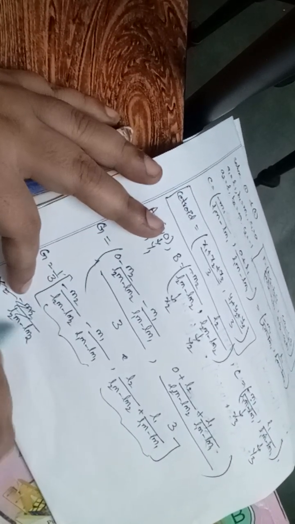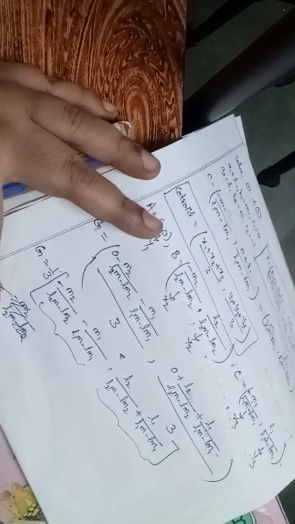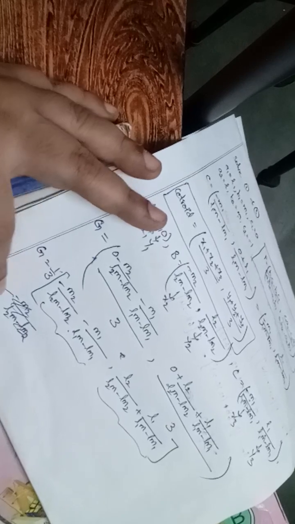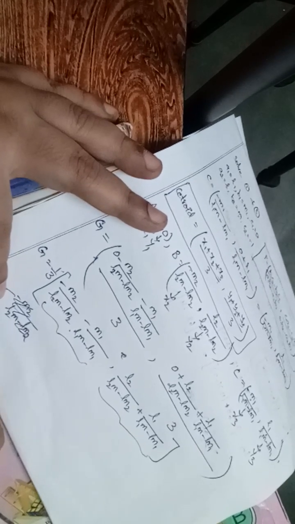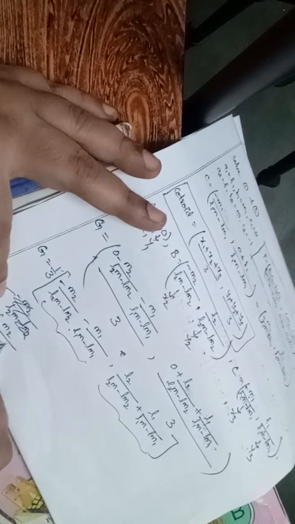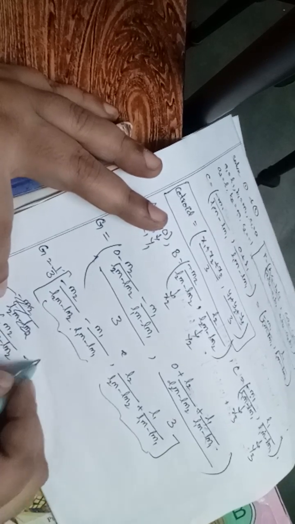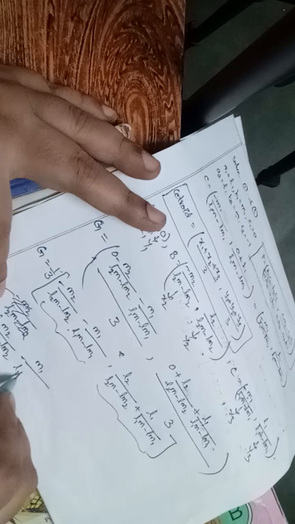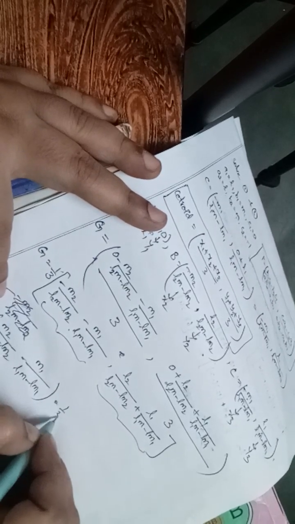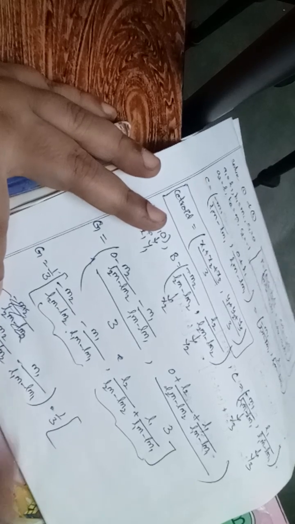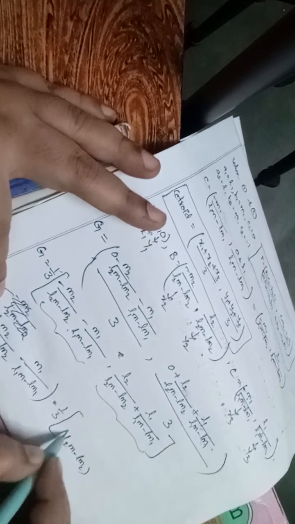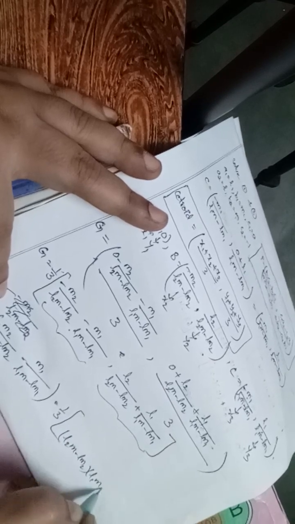Sorry, not x. It is given the centroid is alpha, beta, no? So let us take this as first alpha. Alpha equals 1 by 3 into minus M2 by L2m minus LM2 minus M1 by L1m minus LM1, that equals 1 by 3 into, taking the LCM, L2m minus LM2 into L1m minus LM1.